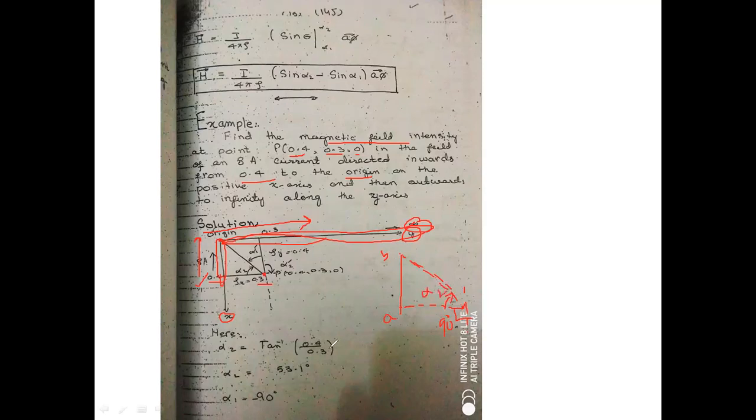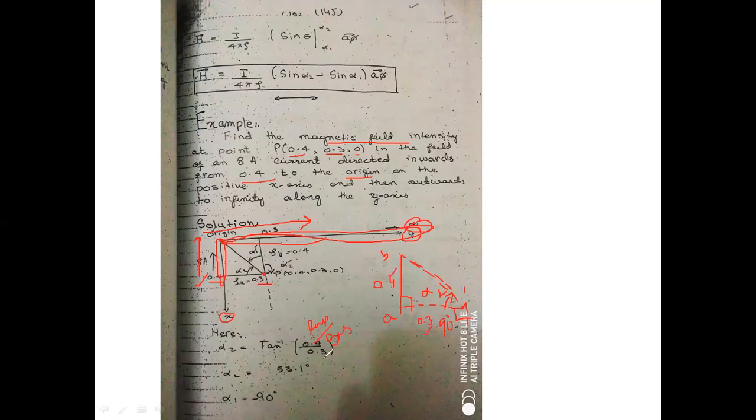okay. So now this is a right angle triangle, so this is 0.4, the x-axis value, and this is the y-axis value, 0.3. So tangent is perpendicular over base. So perpendicular is this and base is this.